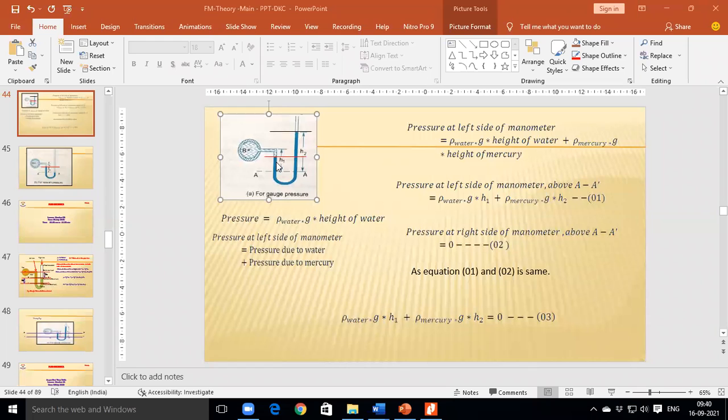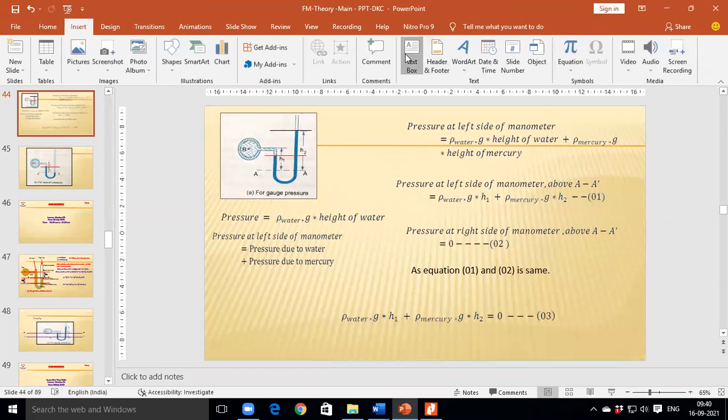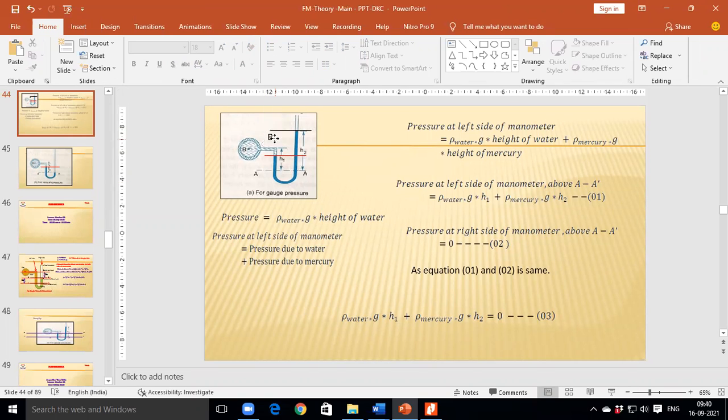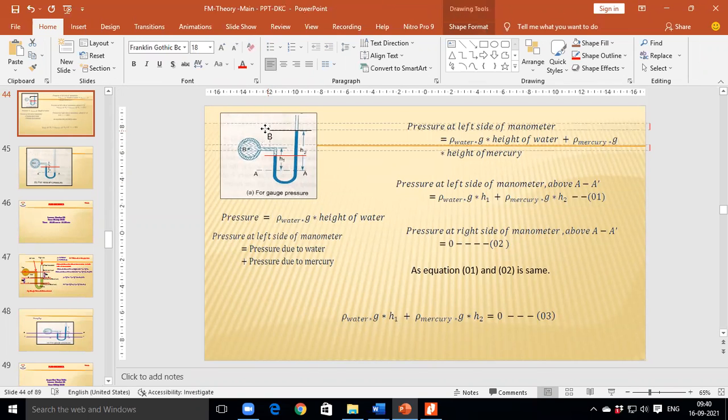Where is the lower level of mercury in the manometer? I will show you three different conditions here. This text box, we'll mark here as B, and this one is the C part.